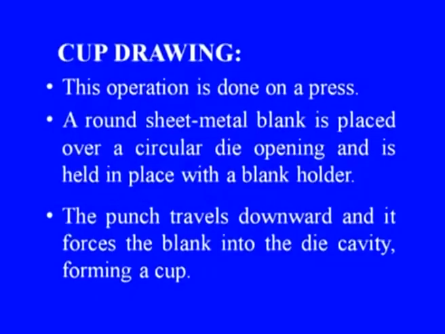Cup drawing. This operation is done on a press. A round sheet metal blank is placed over a circular die opening and held in place with a blank holder. The punch travels downward and it forces the blank into the die cavity, forming a cup.